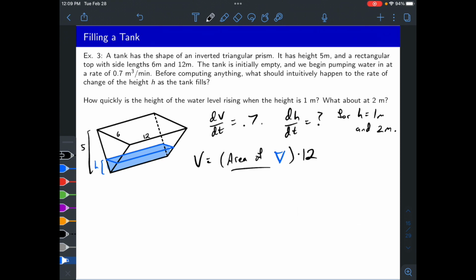And now we just need to figure out the area of that triangle. Well, area of a triangle is 1/2 base times height. We have the height here, but we don't know what the base is yet. So let's assign a variable to that for now and hope to eliminate it, because we don't want too many variables floating around if we don't have to. But for now, we can just say that this is 1/2 base times height times 12, or 6 times base times height. 12 times 1/2 is 6.